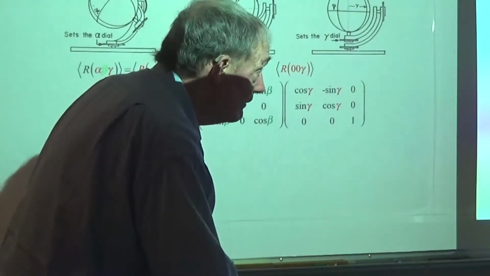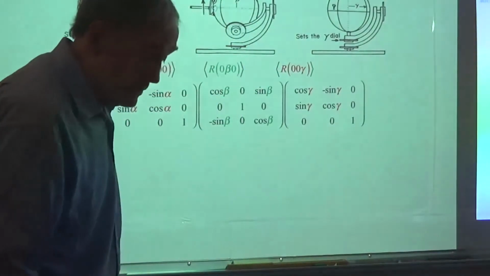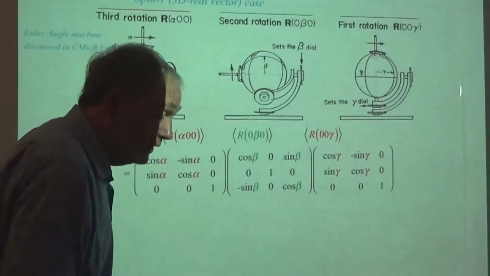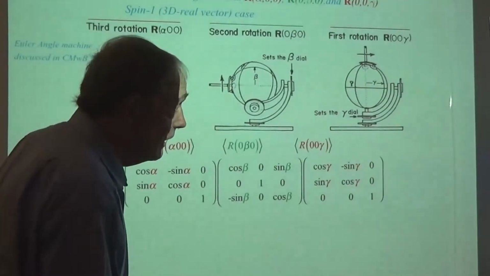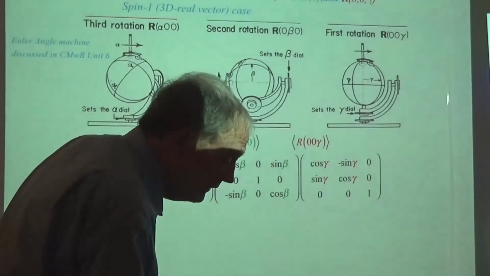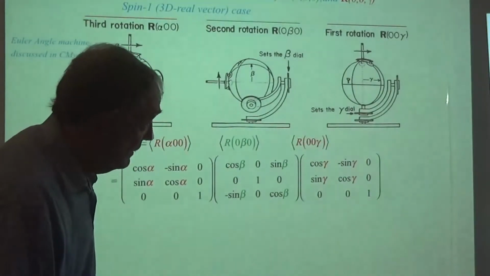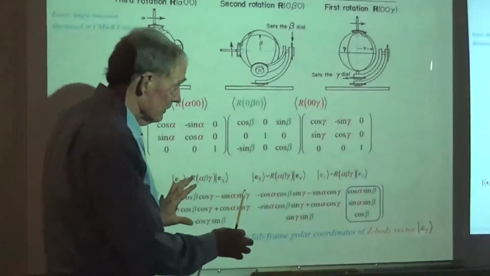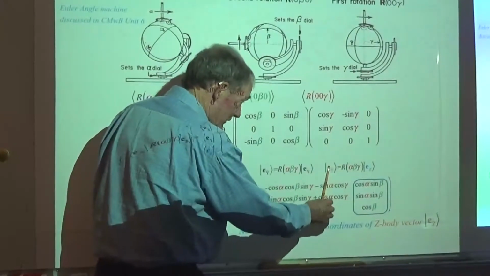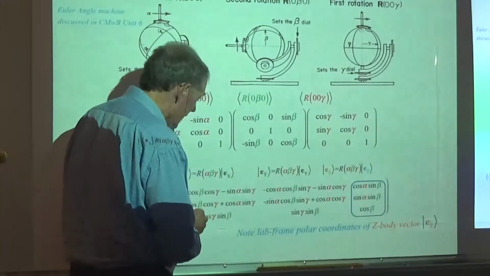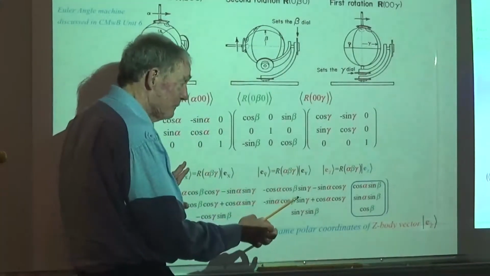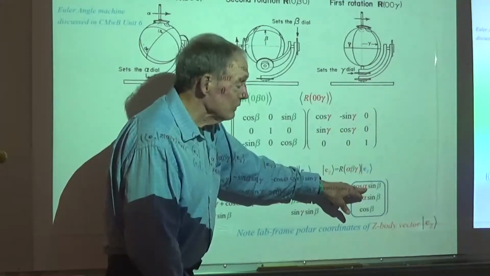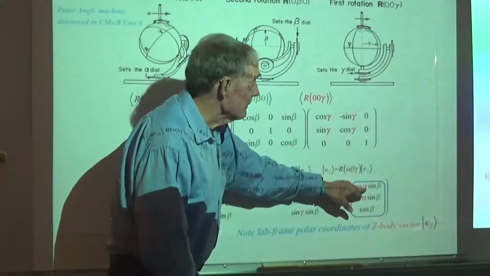So, having done that, I get a big 3x3 matrix with terms as components that I'm really sure of. This really gives me confidence in the resulting 3x3 matrix. But it also gives me the components of these vectors, z bar, y bar, and x bar of the new system. The z bar is an easy one. It's the polar coordinates, and alpha for azimuth, that's the alpha dial at the very bottom there.